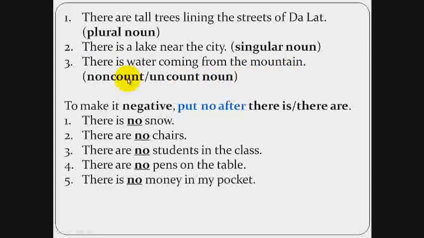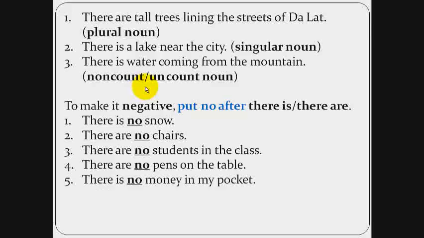So, non-count nouns. Some nouns are countable, like books, pens, houses, chairs, tables, classrooms. These are called countable nouns. There are other nouns that are uncountable nouns, like sugar, water, milk, sand, rice.